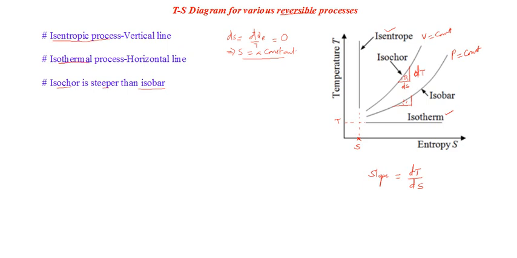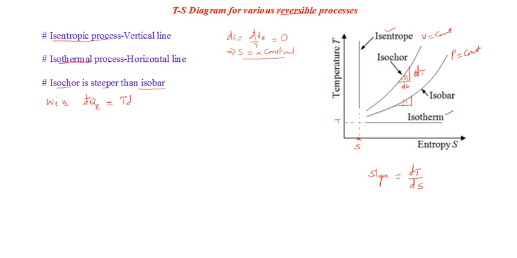In general, we have seen from the definition of entropy change during a reversible process, so let's start from here. We are trying to prove the statement we have made. The infinitesimal amount of heat transferred during a reversible process, dq_r, is related to TdS.